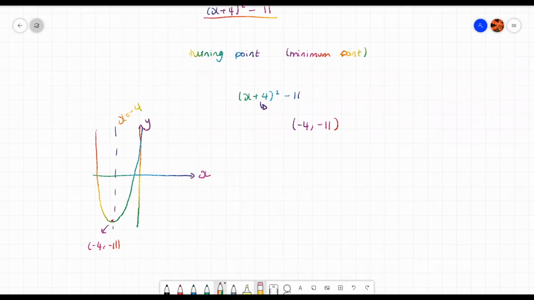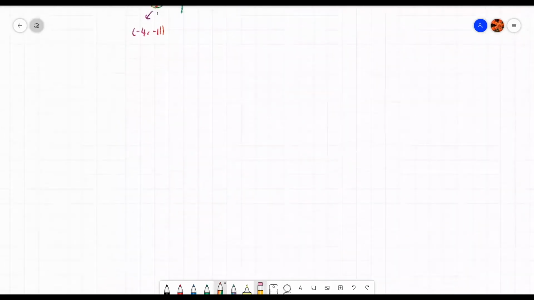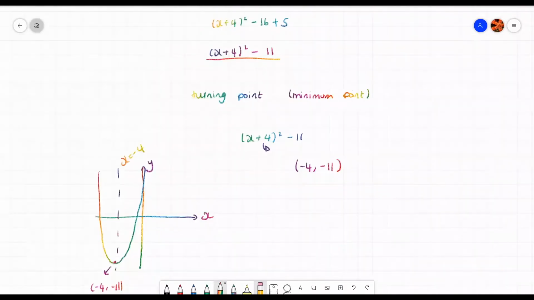Okay, let's have a look at another question like this then. Trying to have a look at a question from a GCSE paper, right? So this question here would be question 5.